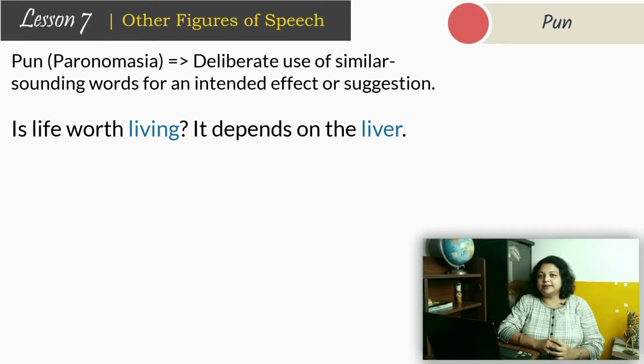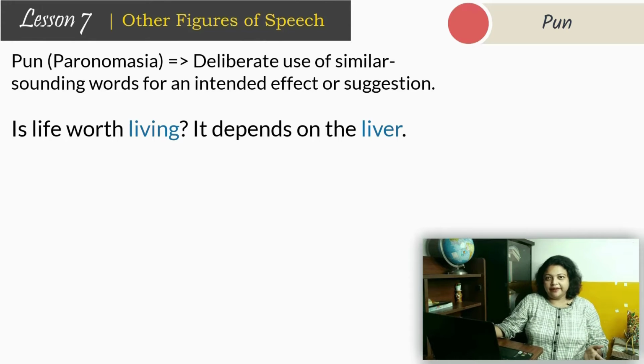But when you look at the sentence, you also get a second meaning of liver, which means a person who lives. So it depends on the person who is living if the life is worthwhile or not. So you have two meanings but same spelling, L-I-V-E-R. This is an instance of pun.